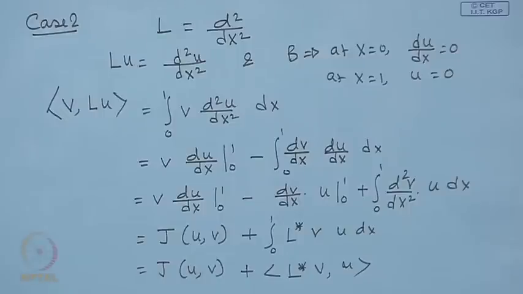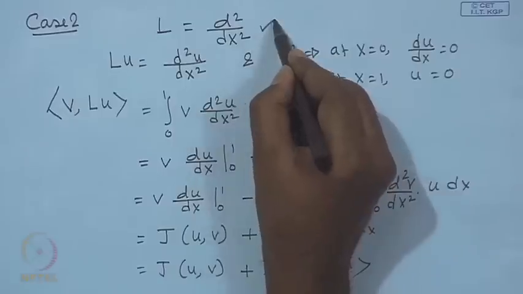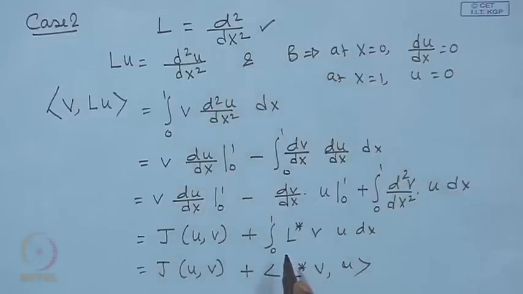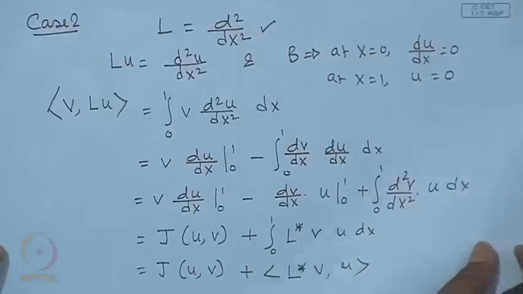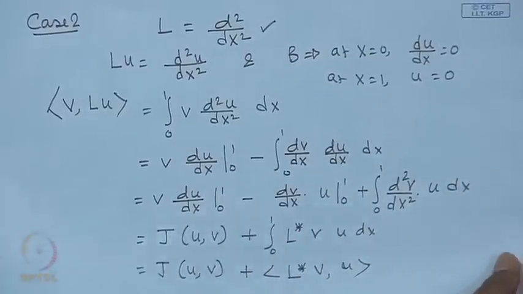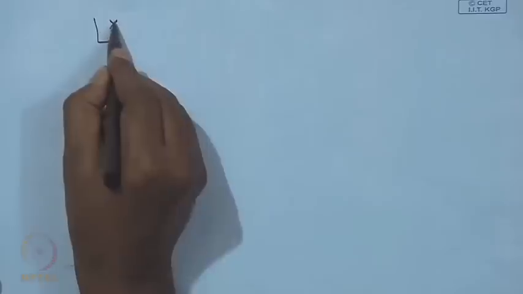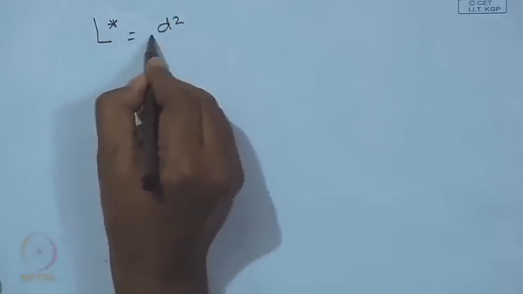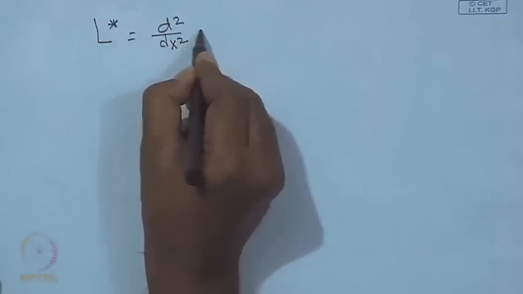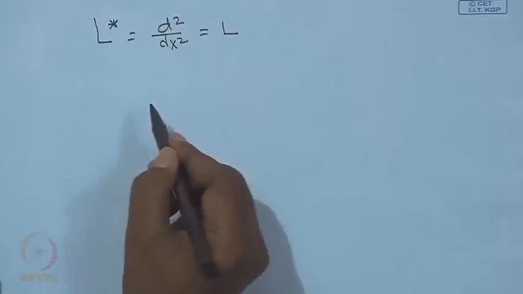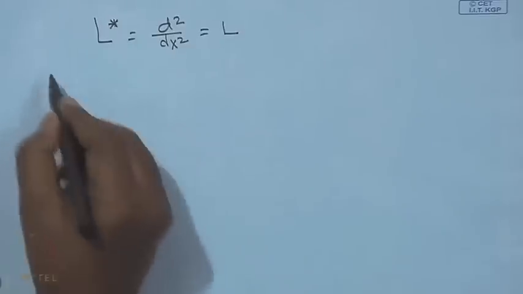So, if you look into the expression of L star, it becomes d square dx square. This is same as L. So, therefore, L is equal to L star for this problem as well. Next, we have to look into the B star.